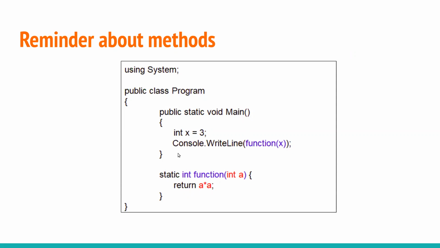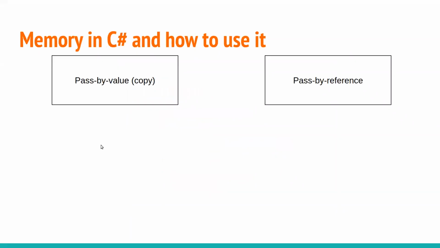In what way? What is the logic of that? Like how is x being passed to function? Because the computer has memory, right? So we can be more specific about how this is working. And the answer is actually that there are two different ways that a computer can do this. And you'll see that this really exposes something quite interesting about computing, like how memory works.